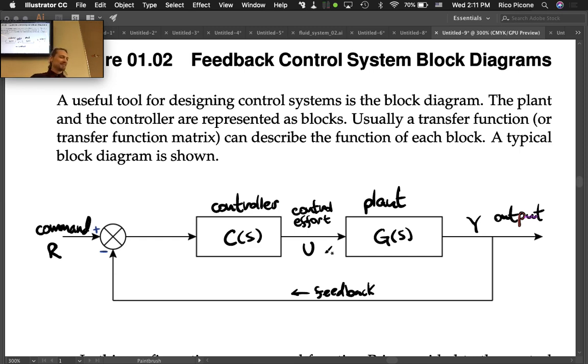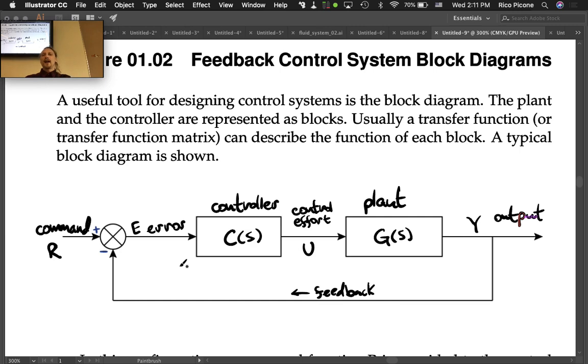Okay, so the difference here is the error E. We want the output to be whatever we command, but if there's any difference, that's going to be an error for us. We give that error back to the controller.